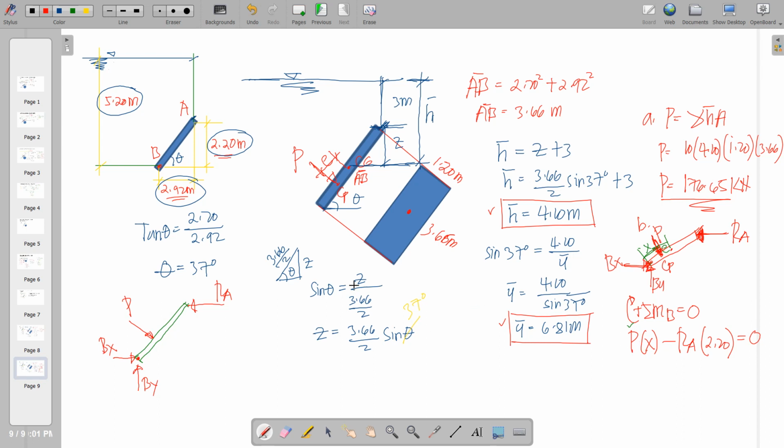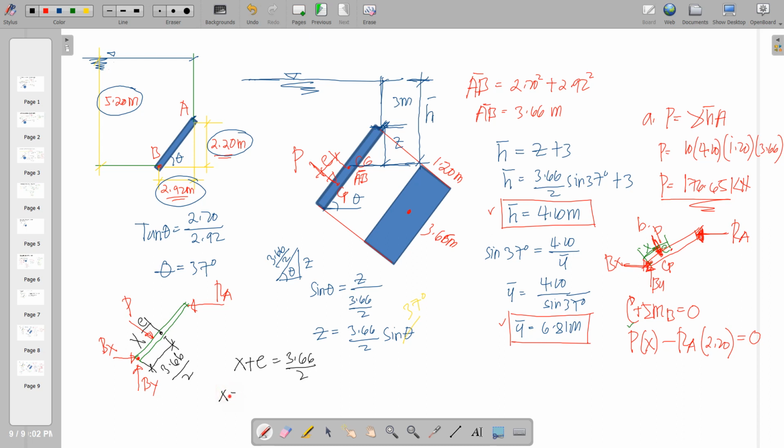Now x here is this distance, and this is the center of gravity. This is our E, and this dimension is 3.66 all over 2. So therefore, the sum of x and E will be equal to 3.66 all over 2.